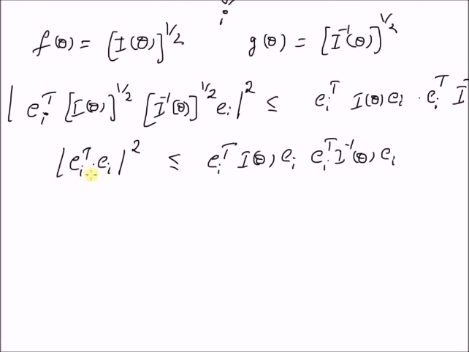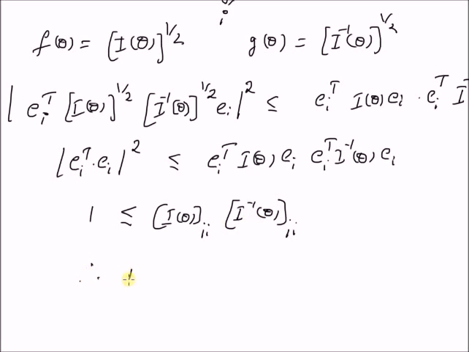And then by using the definition of the vector ei, the left hand side is clearly equal to 1, and on the right hand side we have the ith element in the diagonal of the Fisher information matrix, that is I of theta ii, and similarly the ith diagonal element in the inverse Fisher information matrix.